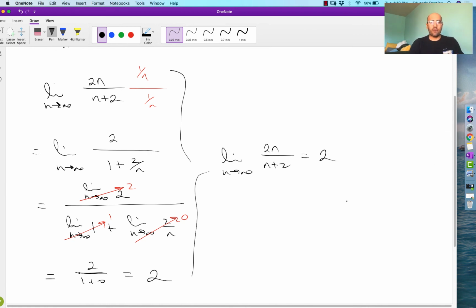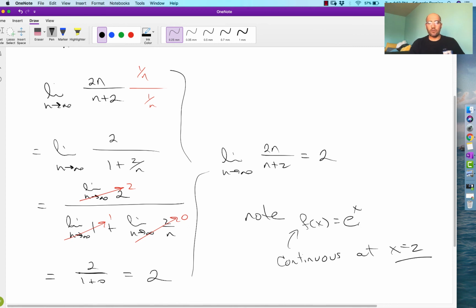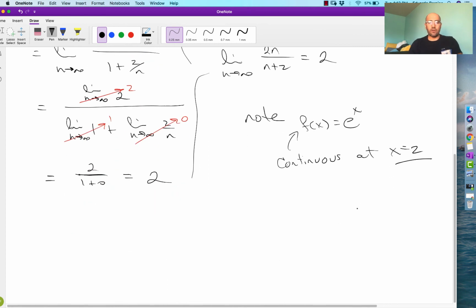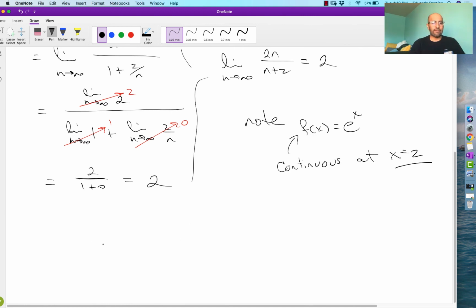Okay, so now that we have that in mind, note that if we have the function f of x equals e to the x, this function is continuous at x equals 2, which is the exponent. Okay, so now that we're armed with all that, now we're ready.